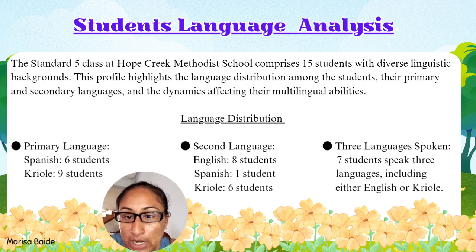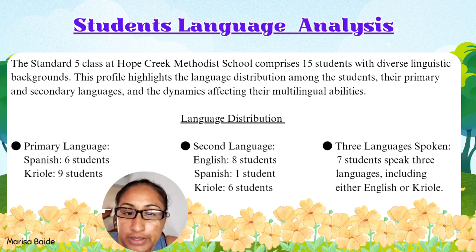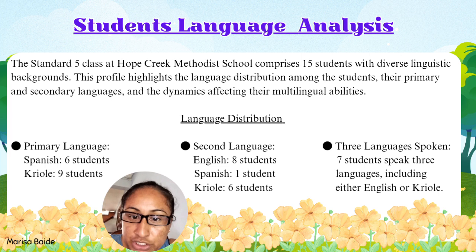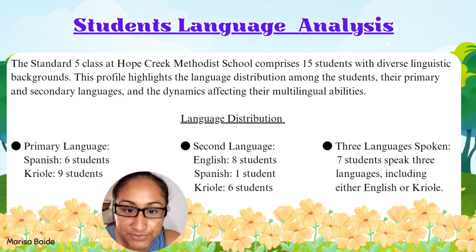If we look at the primary languages, there were 6 students who speak Spanish, while 9 students speak Creole. When it comes to the second language, there were 8 students who speak English as their second language, 1 student who speaks Spanish as their second language, and 6 students who speak Creole as their second language. And then we went as far as third languages.